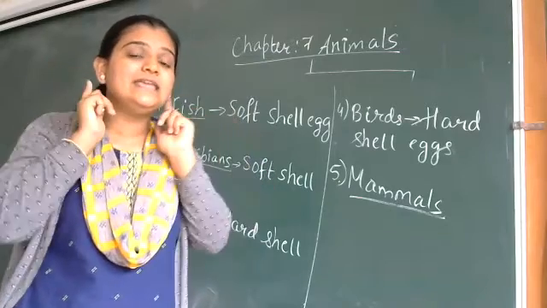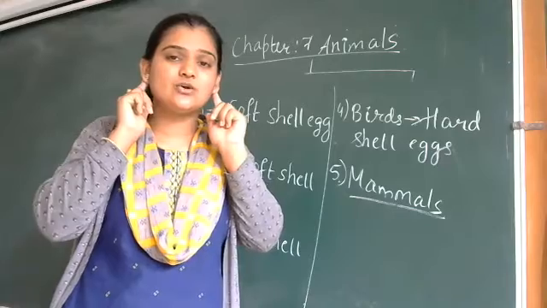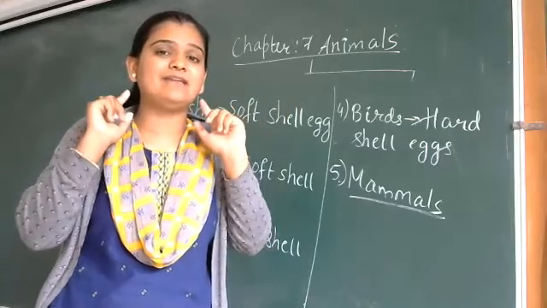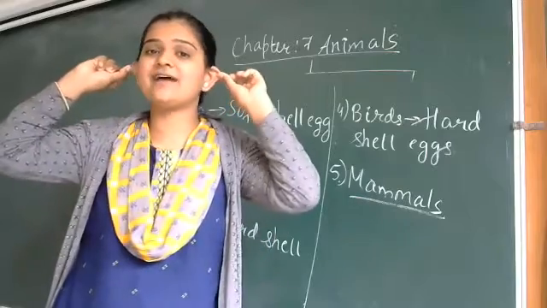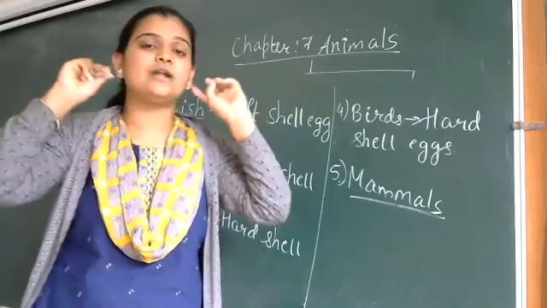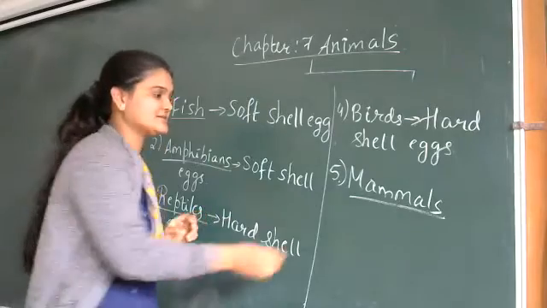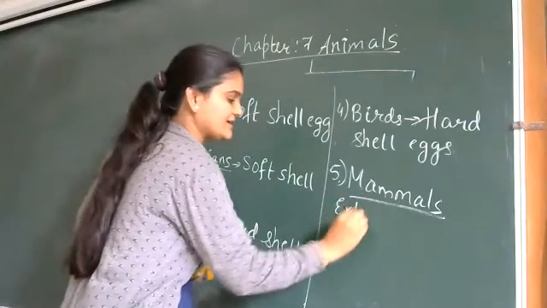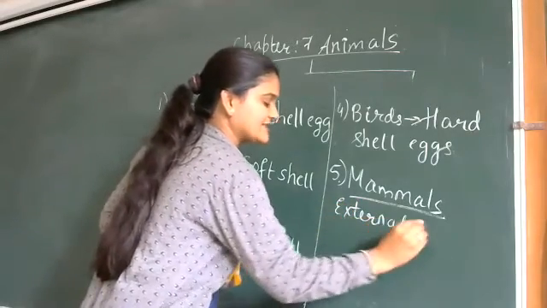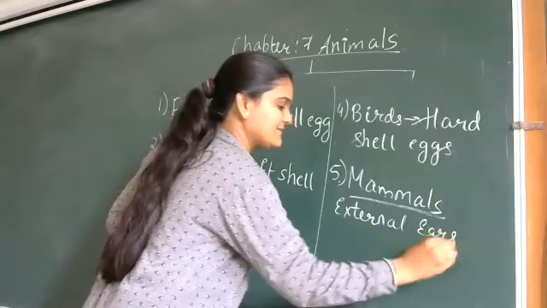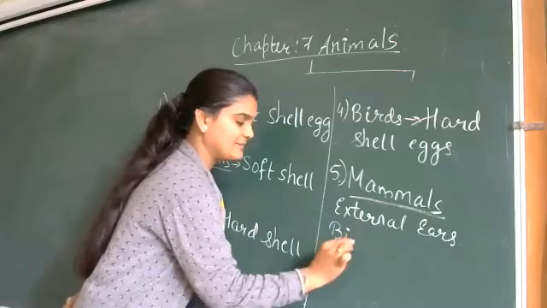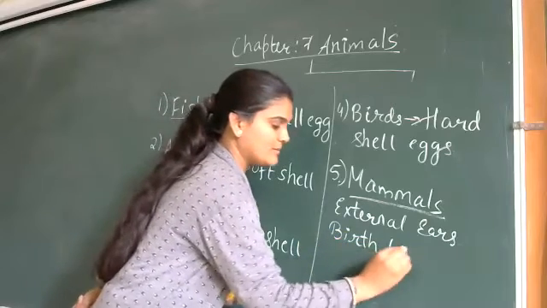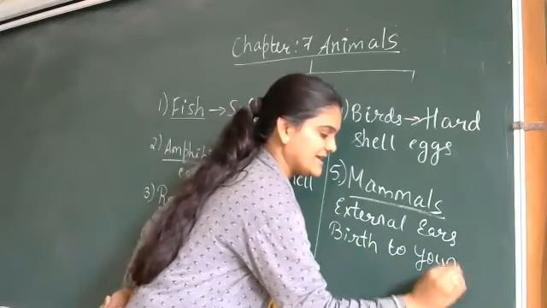Ears we can see, yes or no? External we have, we are not having within. The face is there and outside we have ears. These are called external ears. What is the feature here? They have external ears. They have the ability to give birth to young ones.